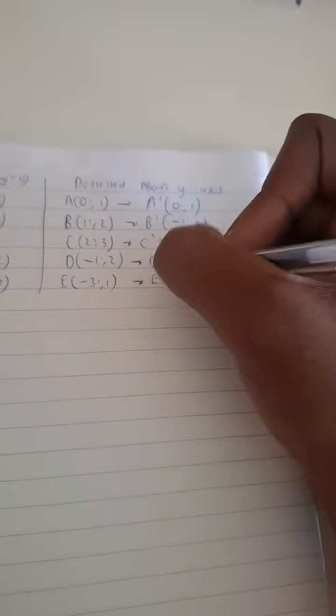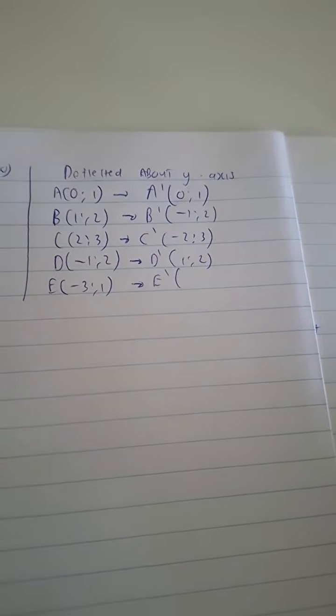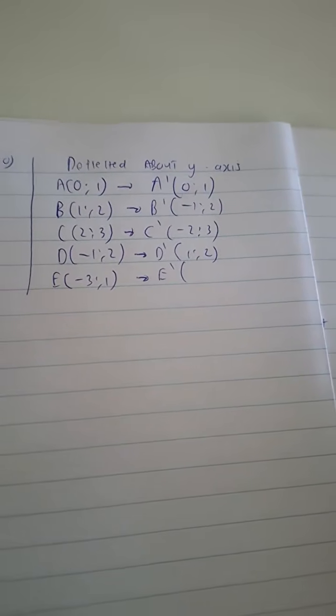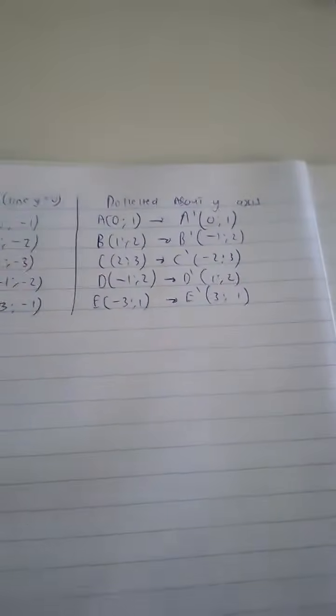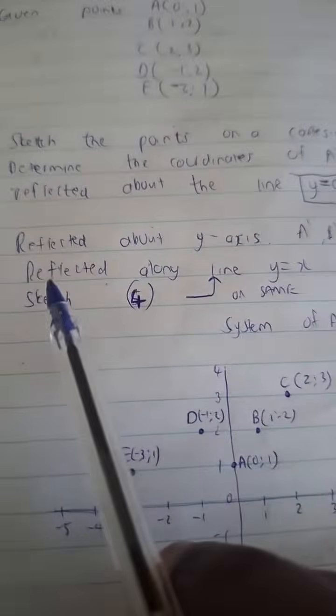The image of E, yes, babes. No, Alika. Yes, super not angel. So we have 3 and 1. Sweetest. All right. Moving on to the next question.